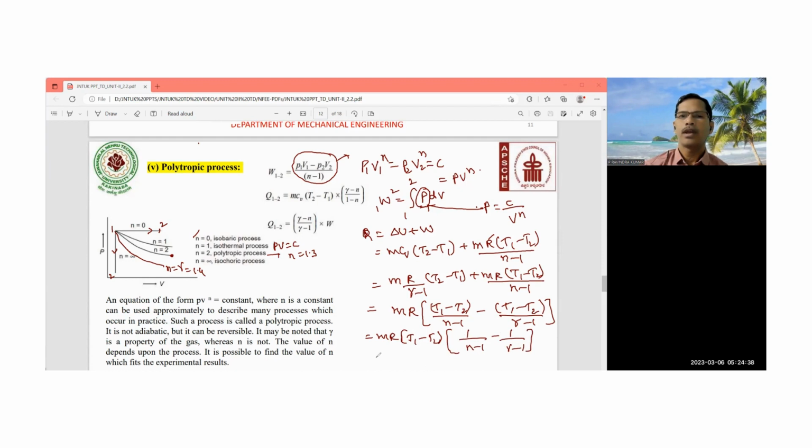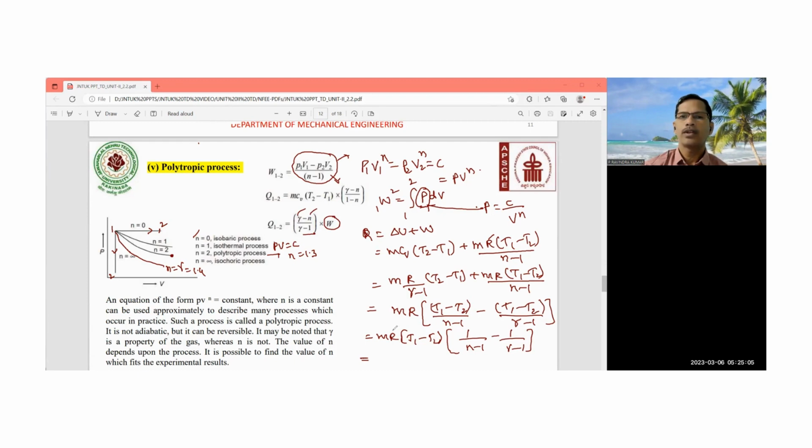Gamma minus n divided by gamma minus 1 into polytropic work done. So what is this? This is the polytropic work done. So this is how the relations you can get.